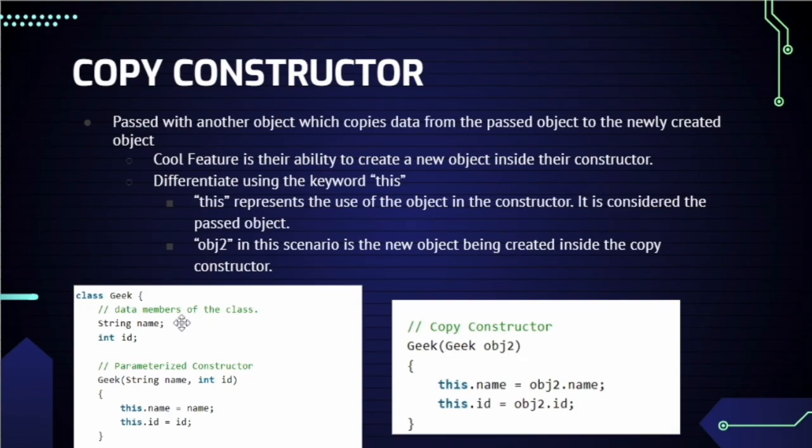The picture on the right is the copy constructor, so that's why it has a Geek object, and obj2 is the name of the object. That's essentially saying that obj2.name, the name variable of the object, is what's going into this keyword that we mentioned earlier. And same with the ID, which is an integer.